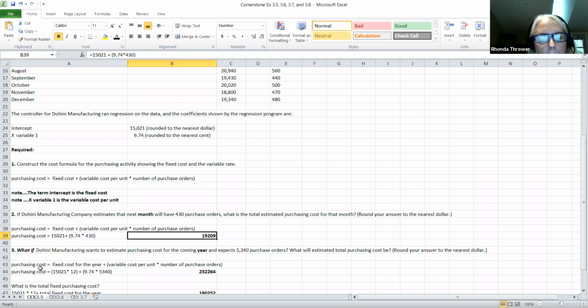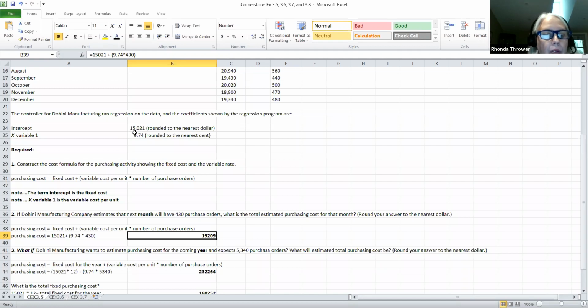Again, it's the same formula that we used before. The purchasing cost would be equal to the fixed cost, but this time it's the fixed cost for the year. What they've given us here is the fixed cost for the month.